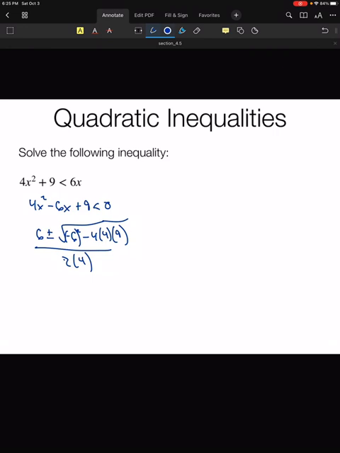Okay, so actually this may be interesting here, because we have 6 plus or minus the square root of negative 6 squared, which is 36, but we have negative 4 times a times c, and that's 4 times 4, which is 16, times 9, and 16 times 9 is a large number.